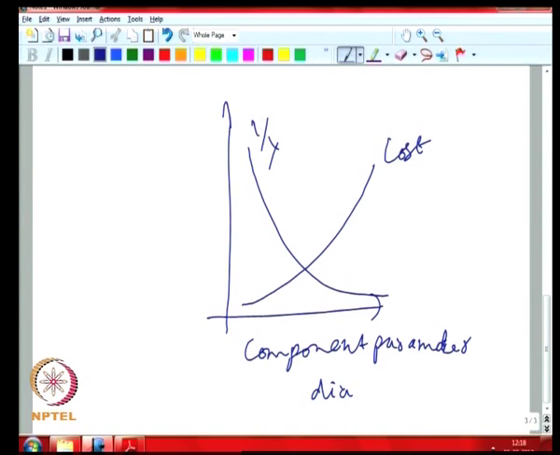So, if you are designing a power electronic component and you want it to last for so many years, if you reduce the cost, there is a chance that the component might fail before it reaches the desired lifetime. And often in power generation systems, you are talking about power plants with 20 or 30 years of life. Say you build a dam, you want it to last for 50 years or 100 years.